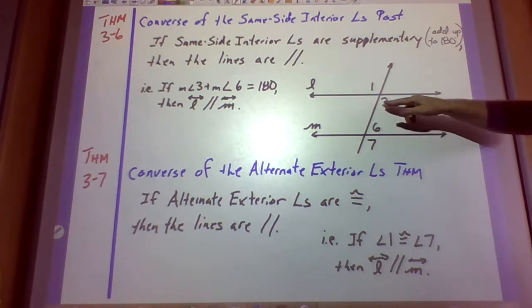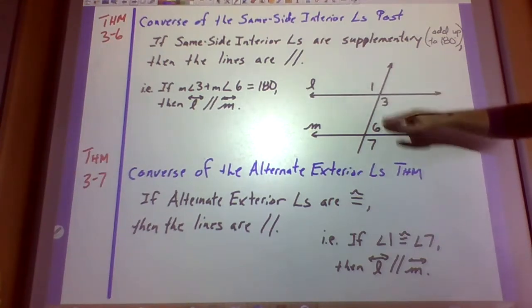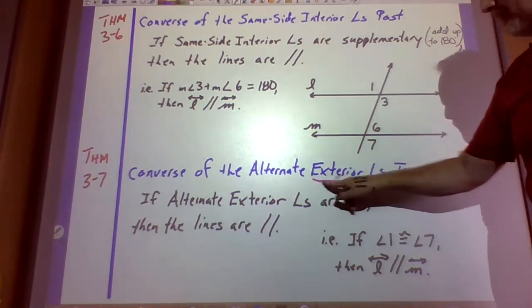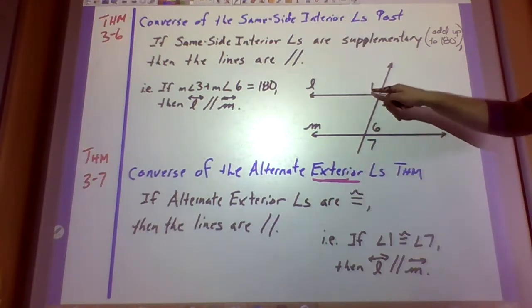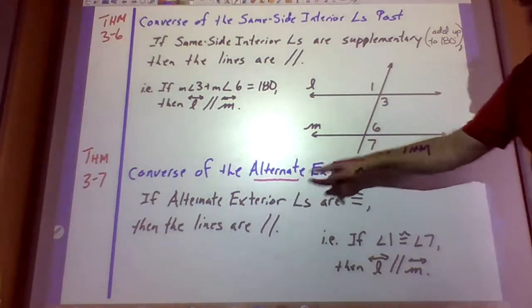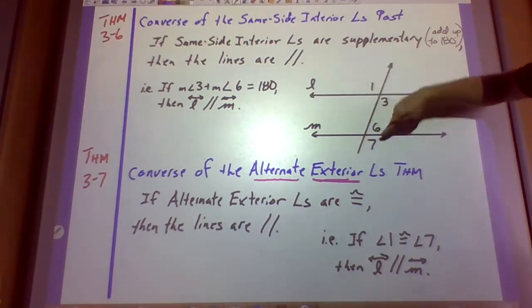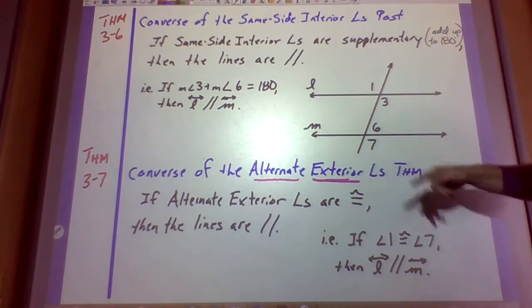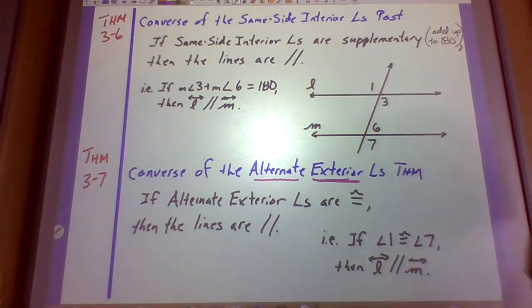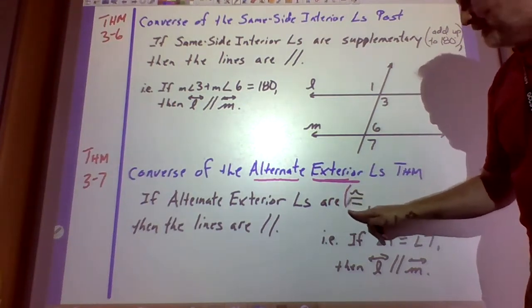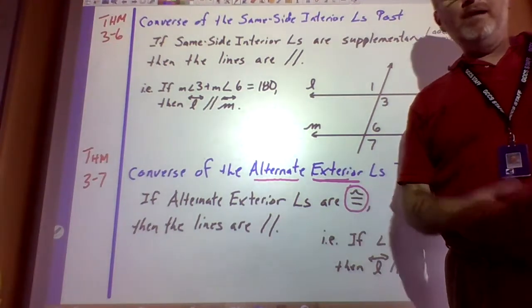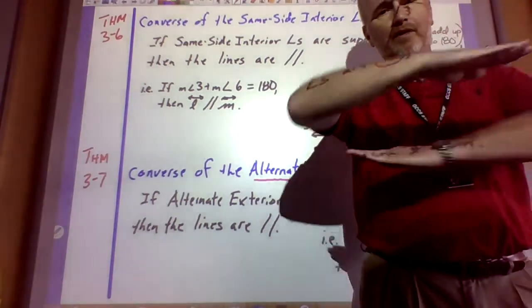So 1 and 7 fit that category. They're definitely exterior, and they are on alternate sides of the transversal. 1 is over here on the left-hand side, 7 is on the right-hand side. So they're alternate exterior. And if those happen to be congruent or equal, that's another way to prove that the lines are parallel.